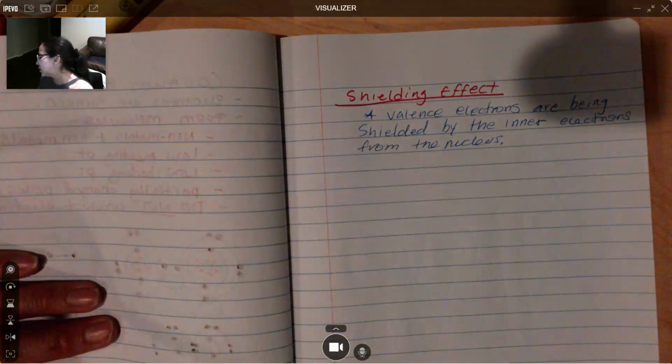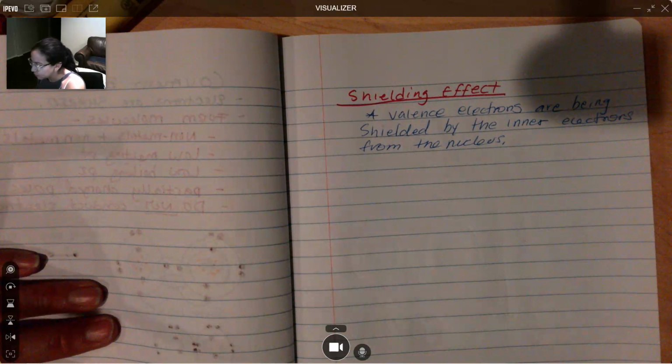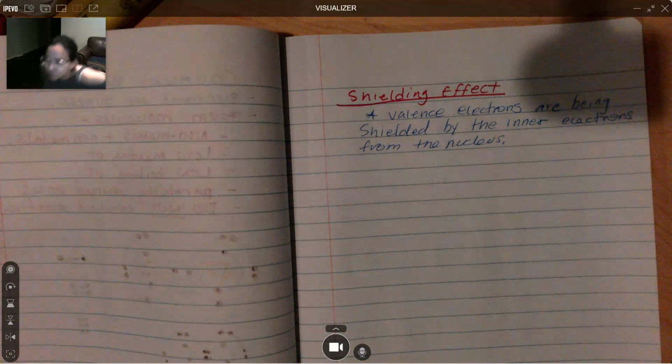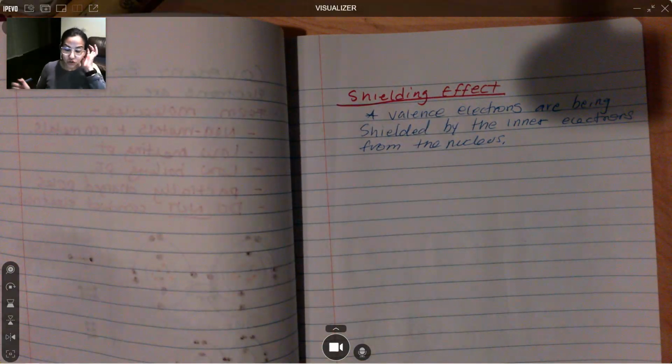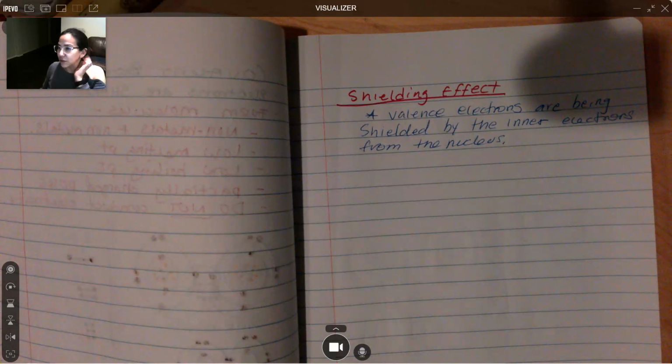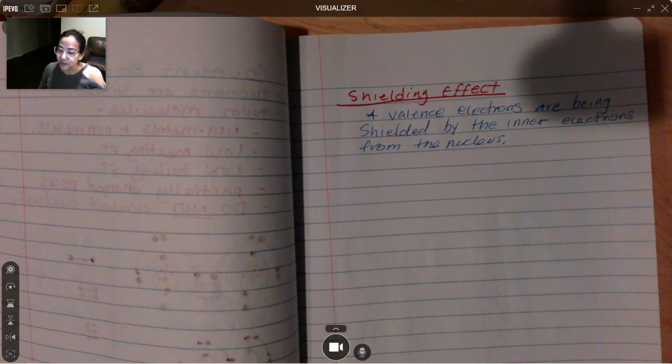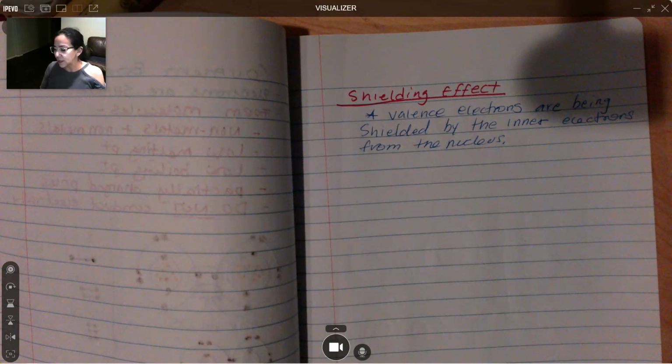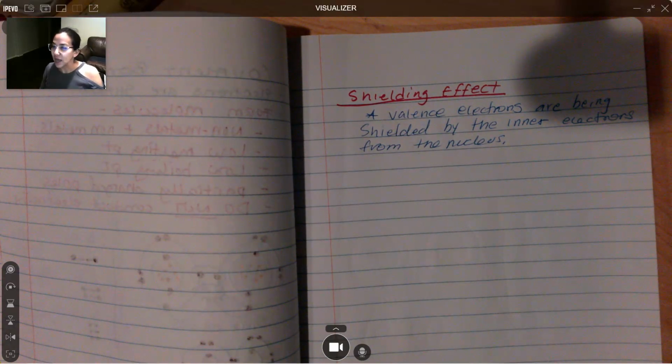Okay, remember the nucleus has gained a lot of protons, and as it gains those protons, it is attracting more and more to it, and it's causing different things. So the shielding effect basically is those inner electrons protect the outer electrons from the nucleus.